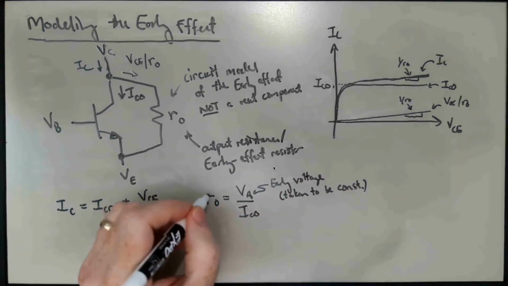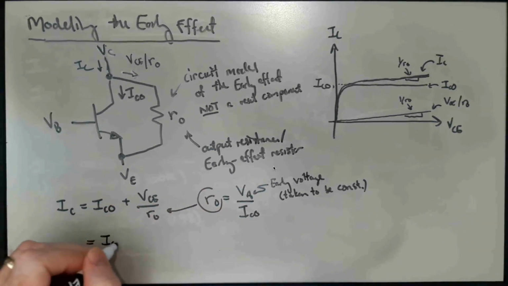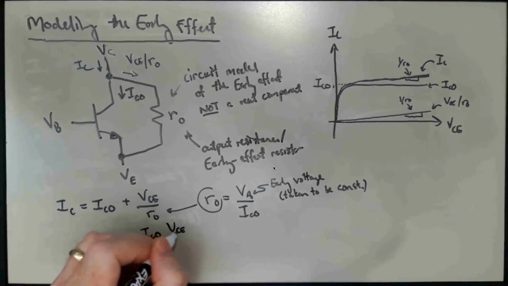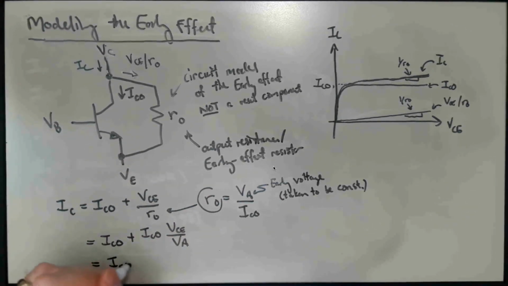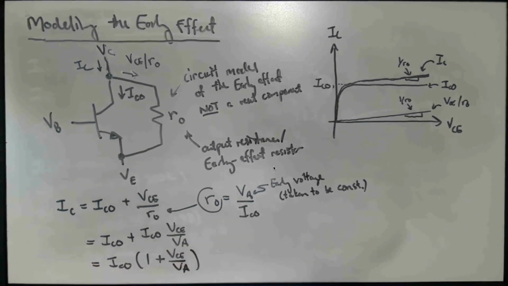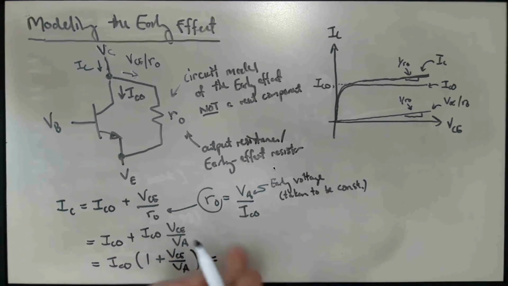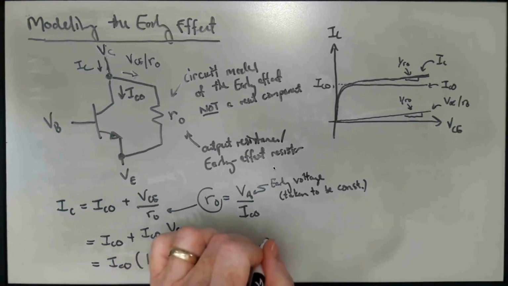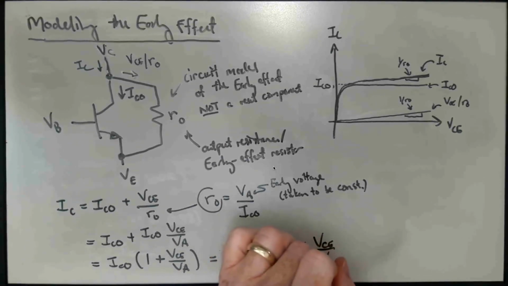Okay, so if I substitute that in here, this would be equal to ICO plus ICO times VCE over VA, which I can factor out the ICO times 1 plus VCE over VA. And ICO is just this IS e to the VBE over UT times 1 plus VCE over VA.